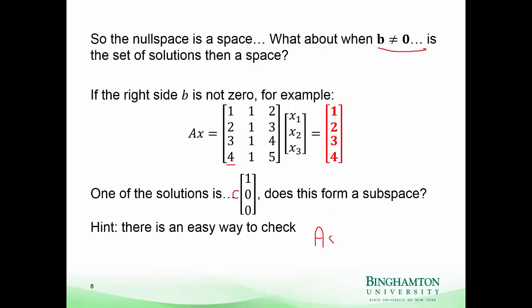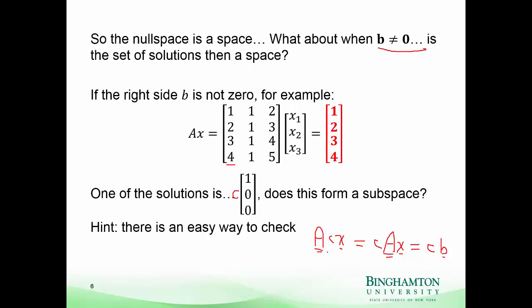So if we put in A times CX, well, we can pull the C out in front. That's going to give us C times AX. And we already know that AX is equal to B. So this gives us C times the B vector. Let me put a double line under that to show that's a matrix, and single lines under the vectors.